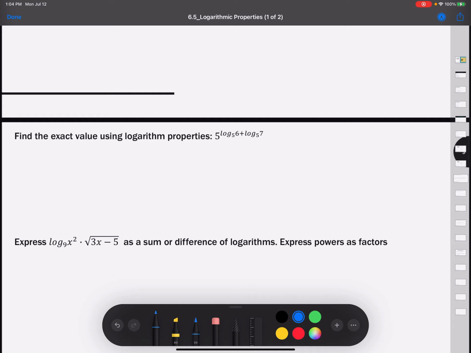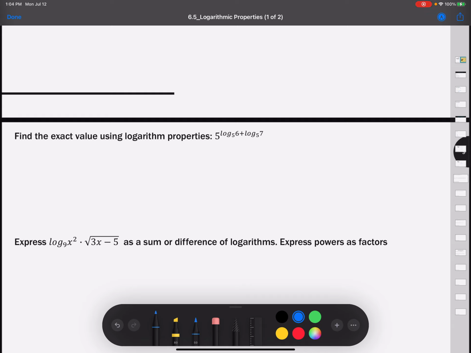So we have 5 to the power of log base 5 of 6 plus log base 5 of 7. So we're going to use the properties here on the very first slide, right? If we have log base 5 of 6 plus log base 5 of 7, we can actually use property number 6 to combine them, okay?